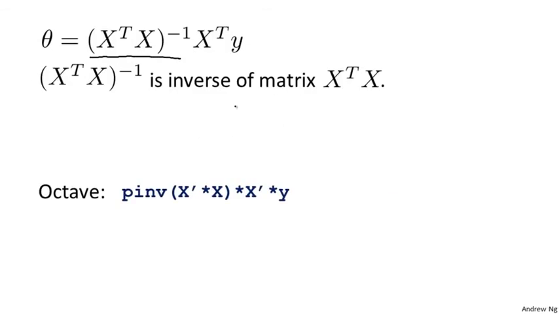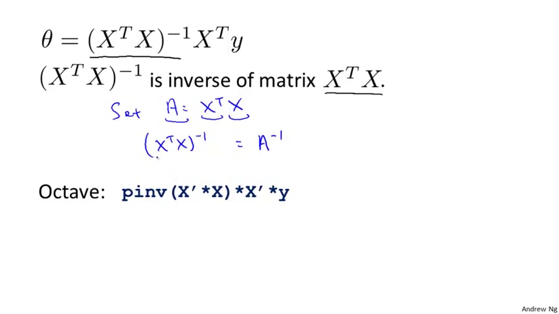Well, X transpose X inverse is the inverse of the matrix X transpose X. Concretely, if you were to set A to be equal to X transpose times X, so X transpose is a matrix, X transpose times X gives you another matrix, and we'll call that matrix A, then X transpose X inverse is just, you take this matrix A and you invert it, right? It's equal to A inverse, and so that's how you compute this thing. You compute X transpose X, and then you compute its inverse.